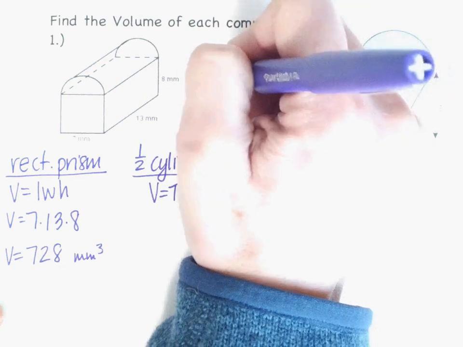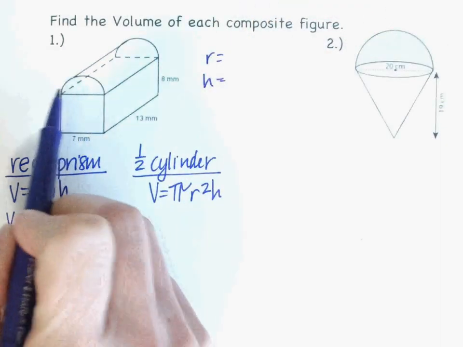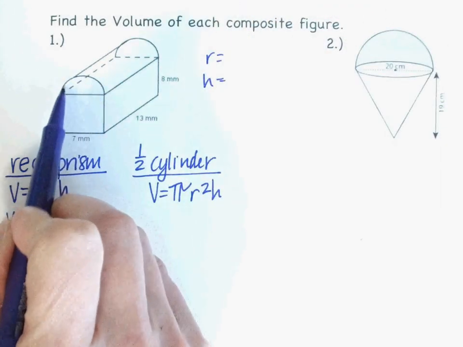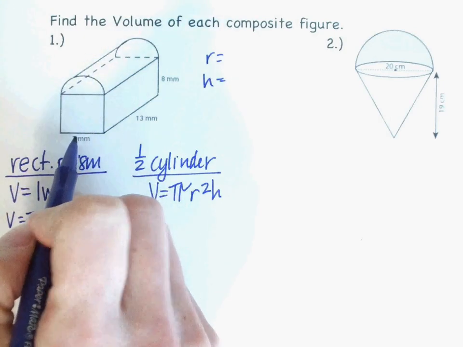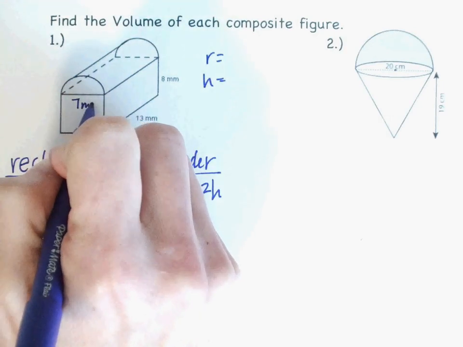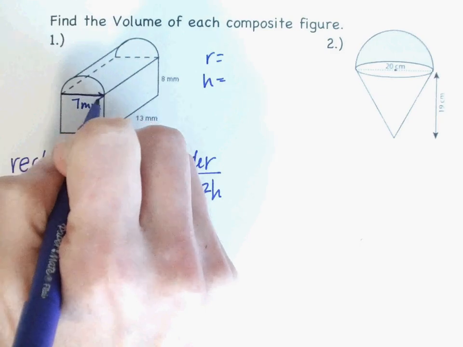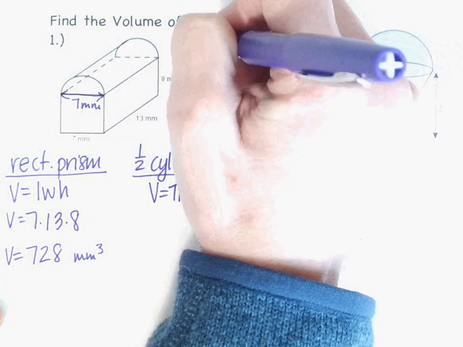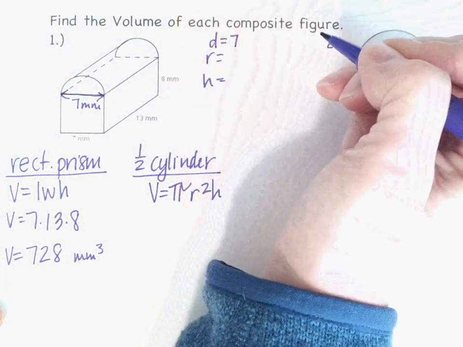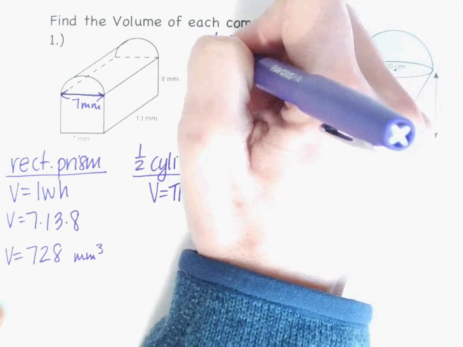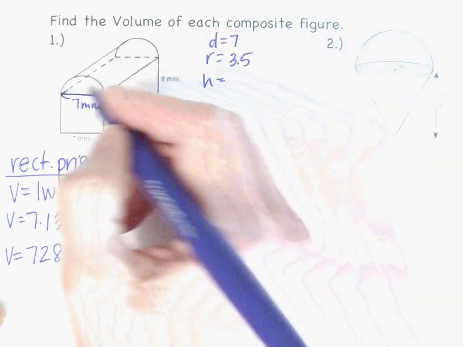So let's see. Here is the half circle of my cylinder, and if I have 7 down here, I have 7 millimeters right here. So that means that the diameter is 7. Half of that is 3.5. So my radius is 3.5.